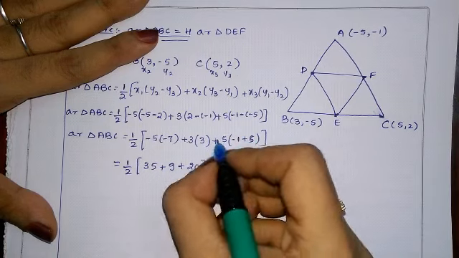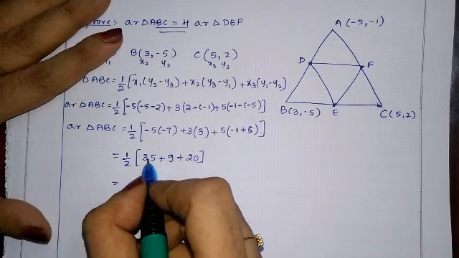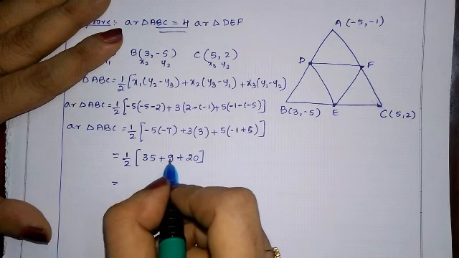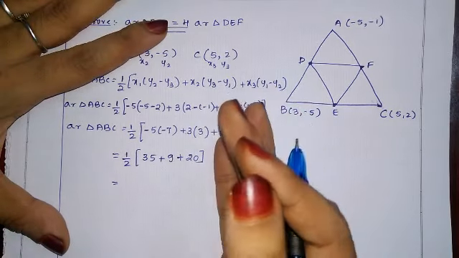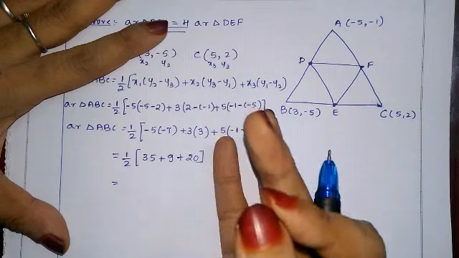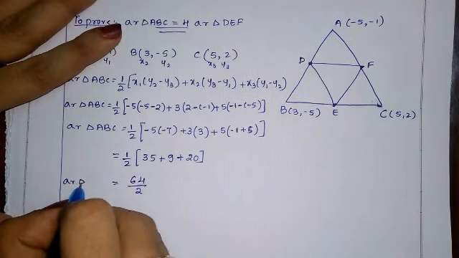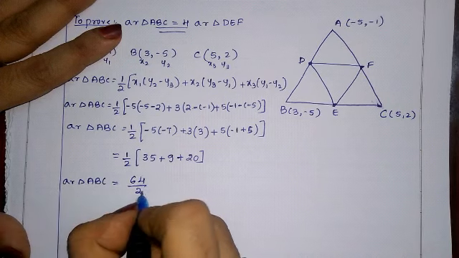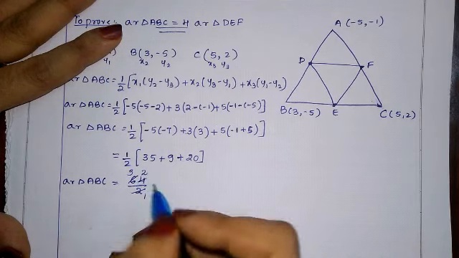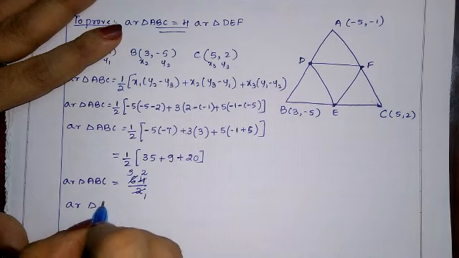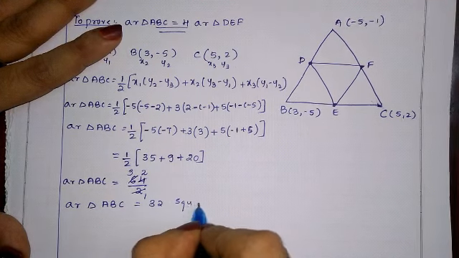What did we get? 20 plus 35 is 55, 55 plus 9 is 64. 64 by 2 gives the area of triangle ABC, which can be cancelled. 2 ones are 2, 2 threes are 6, 2 twos are 4. So the area of triangle ABC is 32 square units.